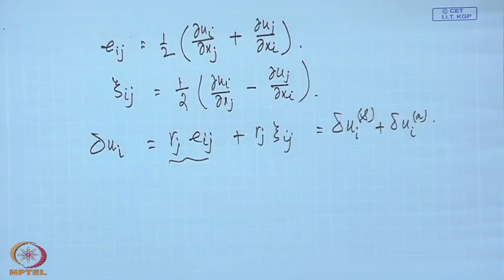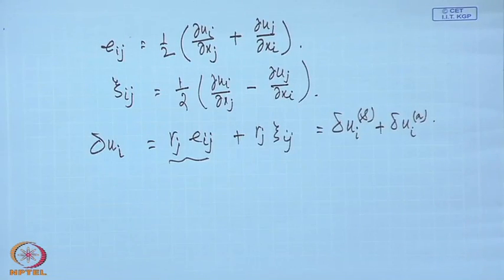Even if it does not, we can orient our axis system so that it coincides with the principal axes of e_ij. Then of course, there will be no off-diagonal terms. We are doing it so that we have fewer terms and it is easier to interpret the meaning. That is the only purpose for considering the principal axes of e_ij.